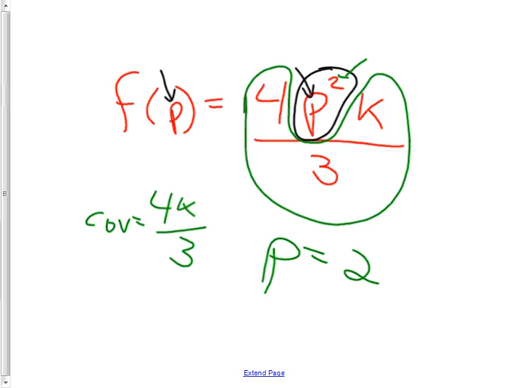What is an example of one that's not a power function? Actually, I should use this. There we go. Why isn't it a power function? There's no variable. Okay.